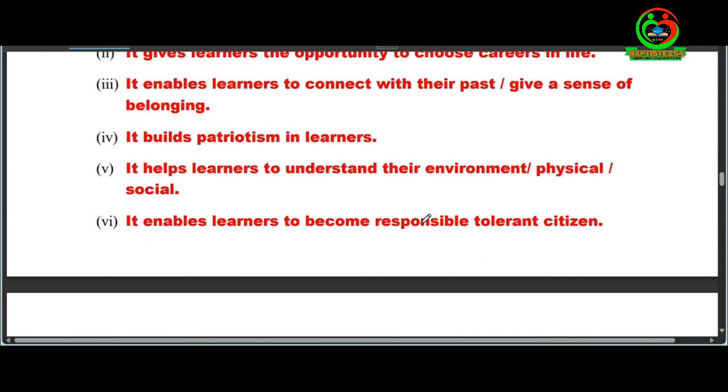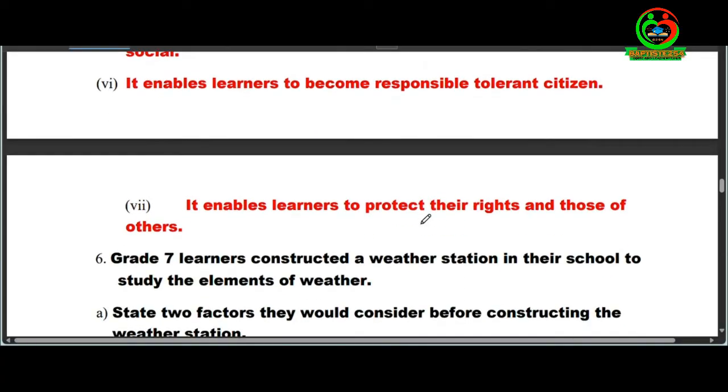It helps learners to understand the environment, physical or social. It enables learners to become responsible, tolerant citizens. It enables learners to protect their rights and those of others.